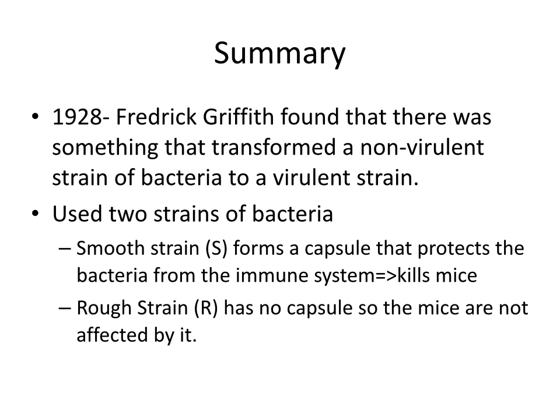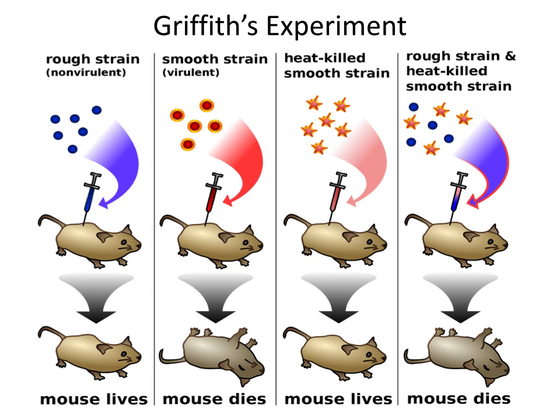The rough strain doesn't form the capsule, so the mouse immune system can kill that type of bacteria. So in Griffith's experiment, he used the rough strain, the safe one, and injected it into the mouse, and the mouse lived. Then he used the smooth strain, injected it into a mouse, and that mouse died.